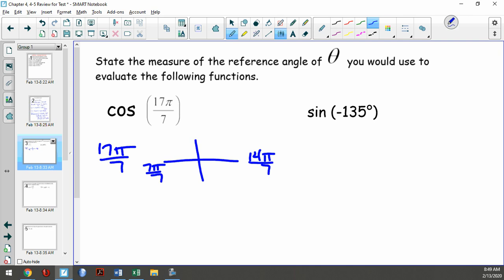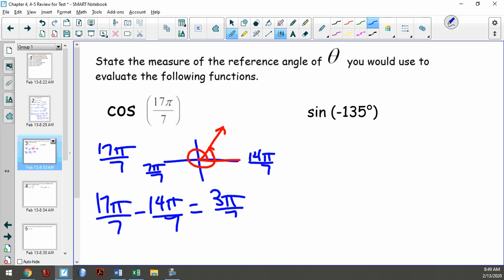So where is 17 pi over 7 at? Probably quadrant 1. Do we all understand that? Yes? Okay? So that means right here, it's going to be a corkscrew angle that is wrapping around and landing over here. Okay? So I need to simply take 17 pi over 7 and subtract 14 pi over 7, and that's going to give me 3 pi over 7. That is going to be your reference angle.